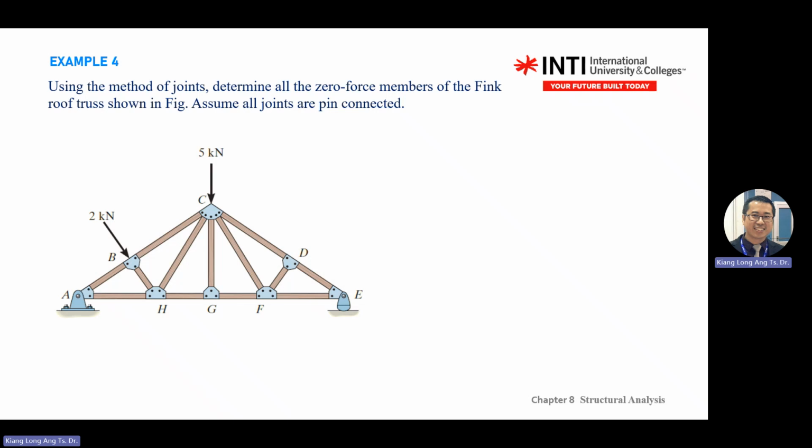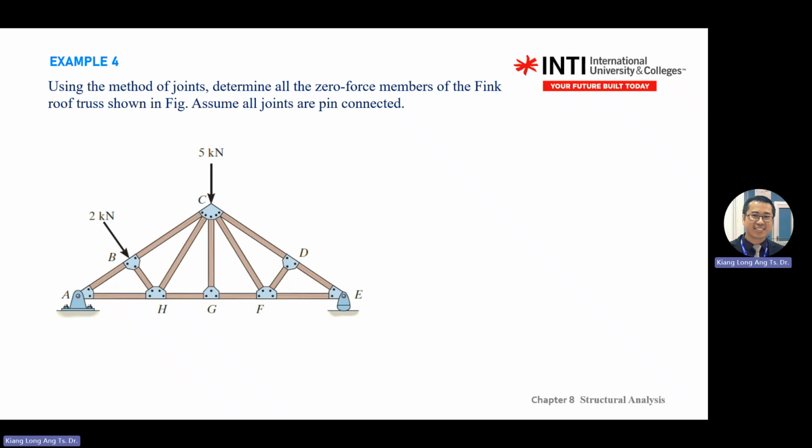So once these are zero, you take them out already. Then you simplify, and with this one taken out it becomes 3 members, so this one is also 0. Can you see?